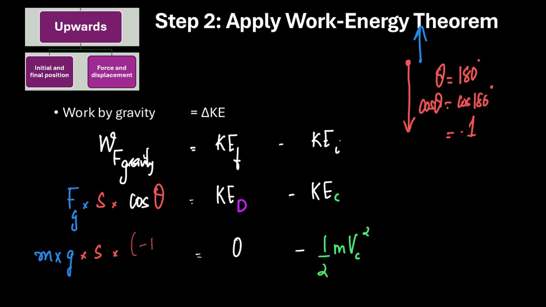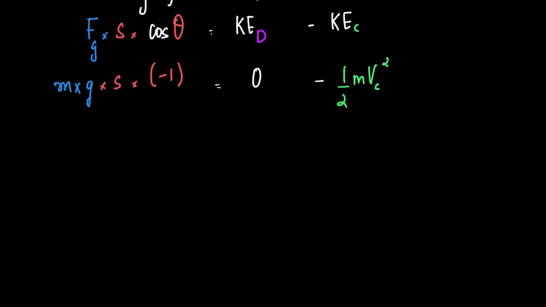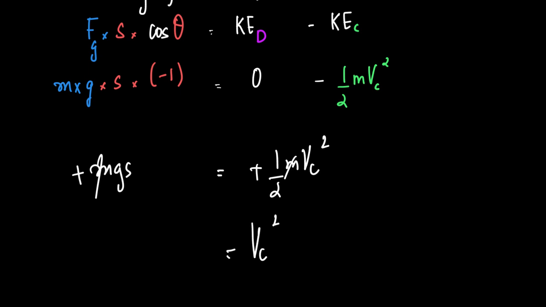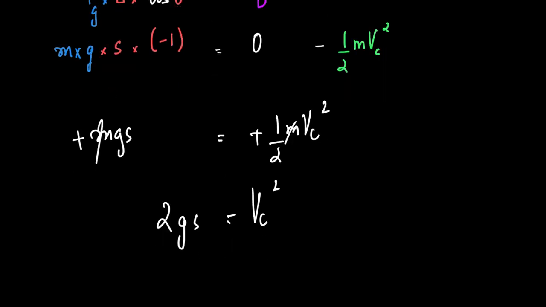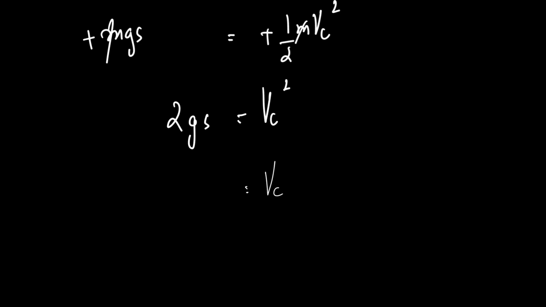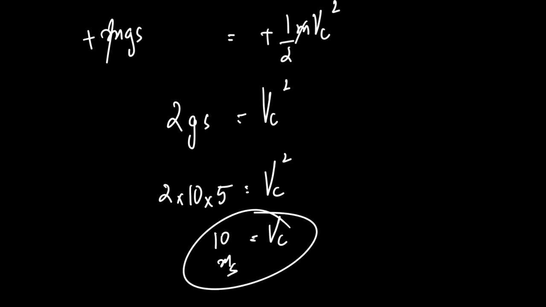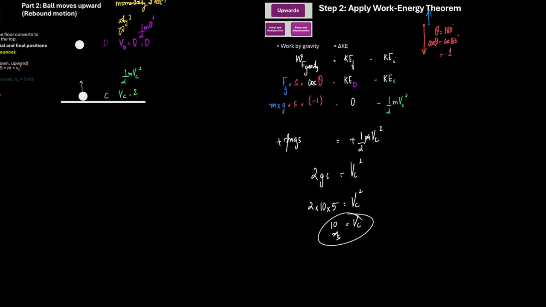Therefore, minus mgs will be equal to minus half m vc square. Minus by minus is plus, m by m is 1, and therefore vc square is equal to 2 into g into s, and this time s is equal to 5, so vc square is equal to 2 into g, which is 10, into s, which is 5. So vc square is equal to 100, and therefore vc is equal to 10 meter per second, right?